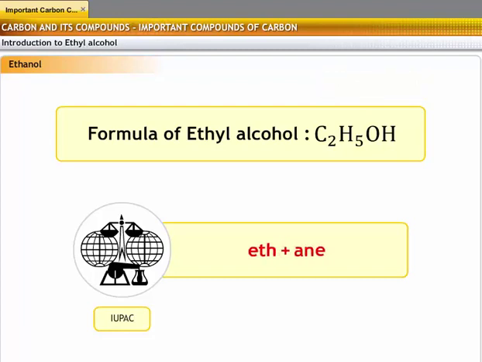However, due to the presence of the functional group OH, a secondary suffix -ol is added to the name instead of e. Therefore, the IUPAC name of ethyl alcohol is written as ethanol.